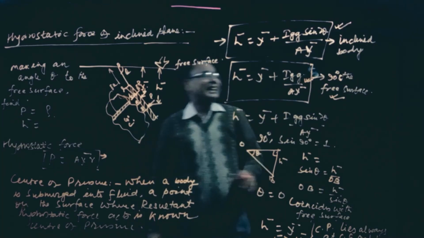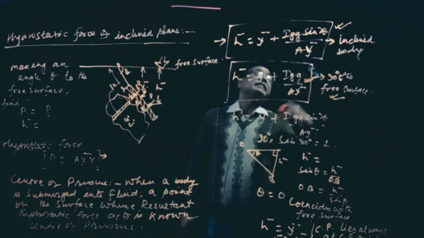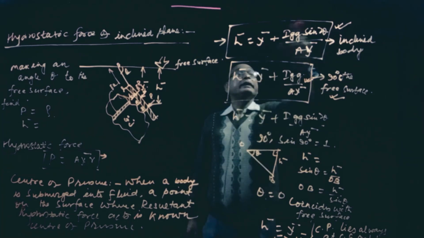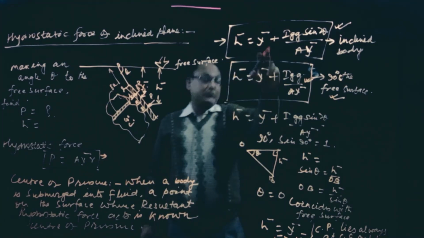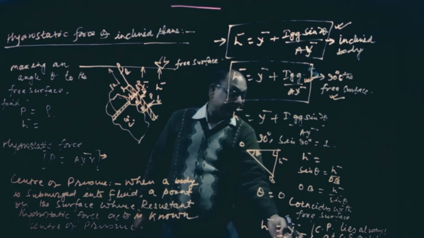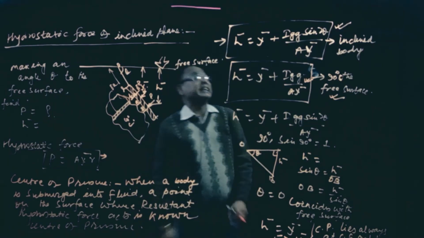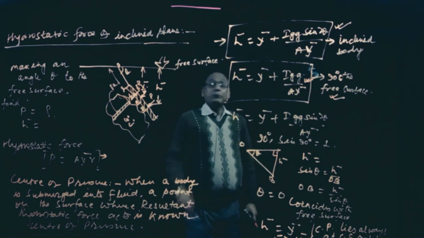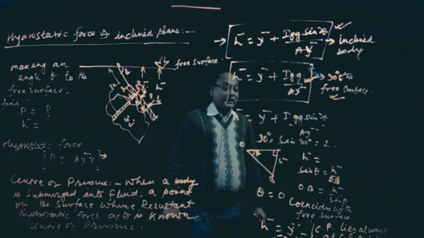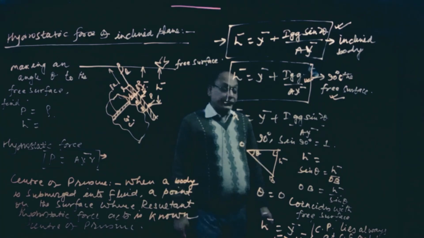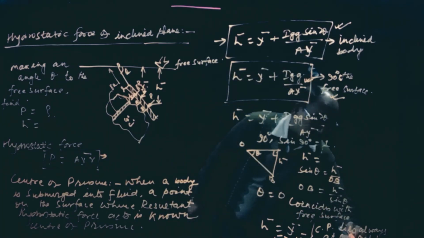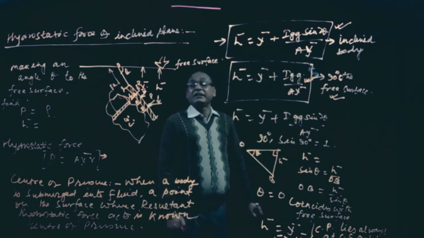If the angle has some value, such as sin 30 degrees, which is half, the second term has a positive value, so h dash will always be greater than y dash if the angle theta is less than 90 degrees. So from this we can say the center of pressure always lies at the center of gravity or below it, but it cannot lie above the center of gravity.